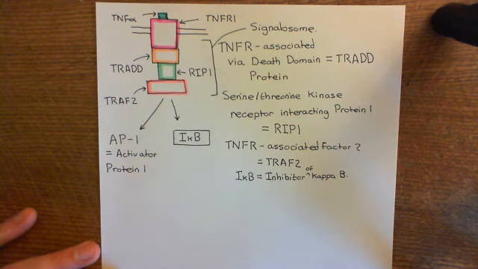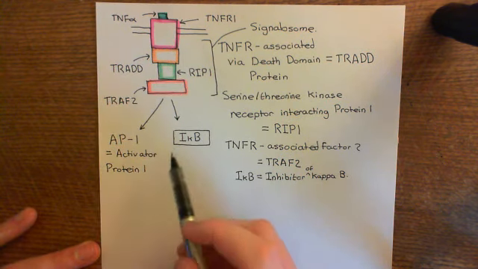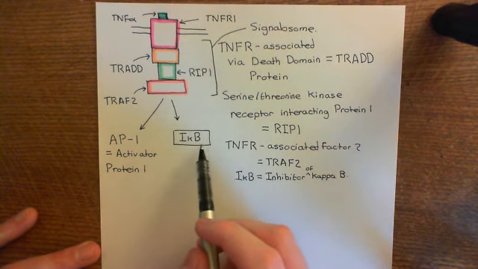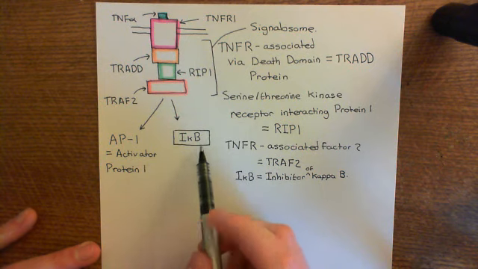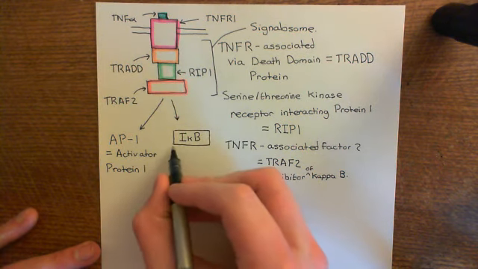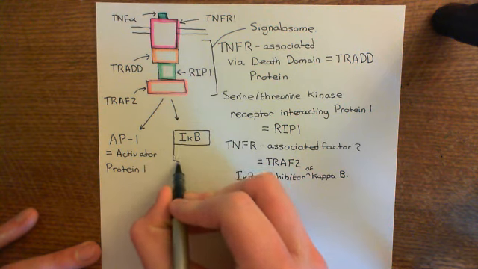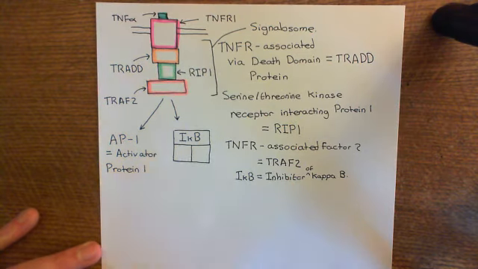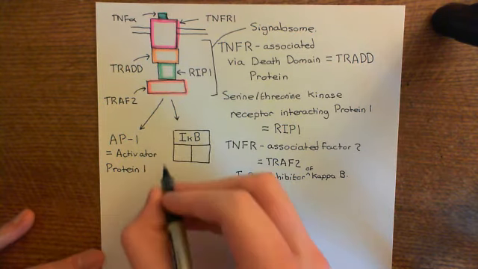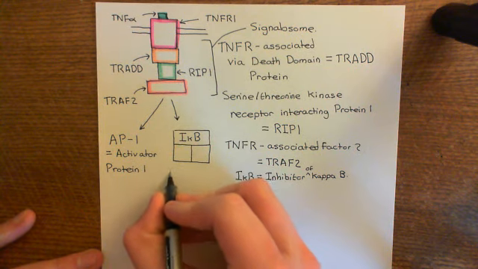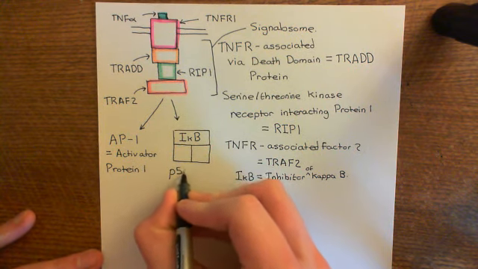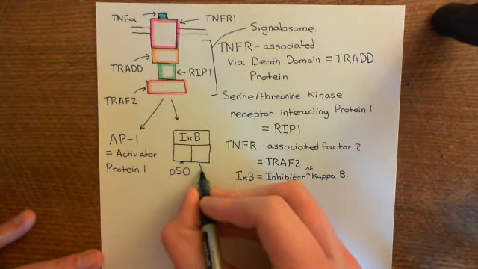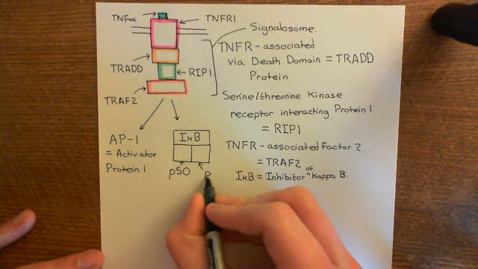We were just discussing how NF-kappa B is going to be activated. So, in a normal cell, NF-kappa B is kept inactive by having another protein, the inhibitor of kappa B, bound to it. So now let's show NF-kappa B. NF-kappa B is actually a dimer of two separate proteins bound together. These two proteins are a protein known as P50, which will be this one here, and another protein known as P65.